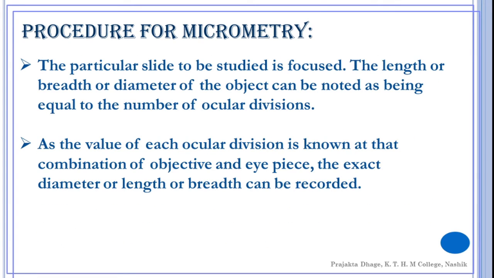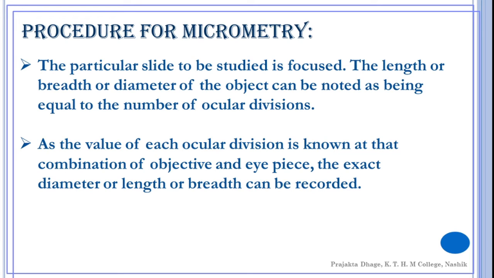Later on, the particular slide that you want to study is focused, and the length, breadth or diameter of the object is noted as being equal to the number of ocular divisions.